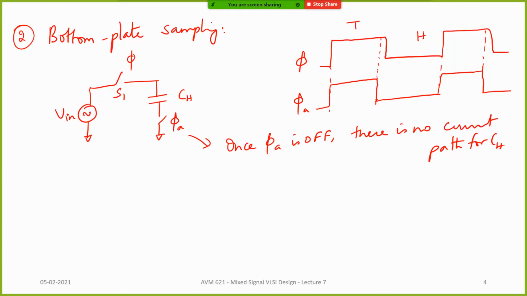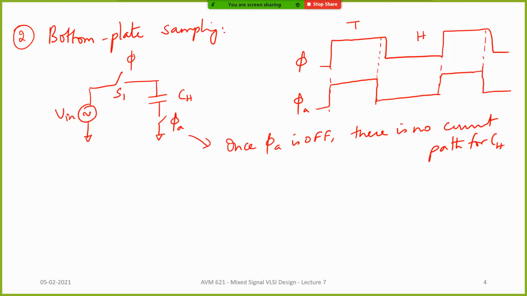So this concept is called bottom plate sampling. There is also one more technique which has the same name. When we come to it, we will look at it. But here the concept is you have a switch at the bottom plate of your capacitor and you turn it off just a little time before the main switch gets turned off.